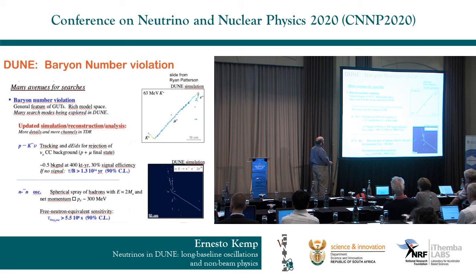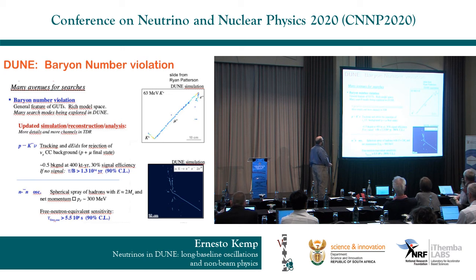And there is another interesting interaction, the neutron to anti-neutron oscillation, that has a very clear signature: a spherical spray of hadrons with total energy around 2 times the mass of the neutron.